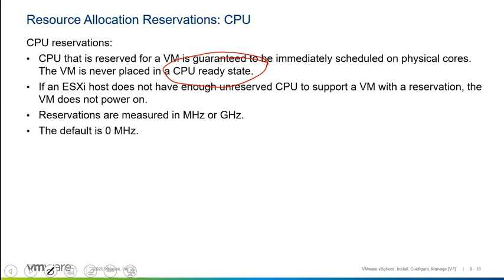So if CPU ready is anything other than 0, it means ESXi has had to place that thread in a state where it is waiting for a core to become available, at which point it can schedule that thread on the core so that the thread can then be executed. CPU ready is a bad thing. If you have a reservation set to a VM, at least for that portion that we've guaranteed, those threads will never be placed in a CPU ready state. The default for reservations for CPU, again, is 0.